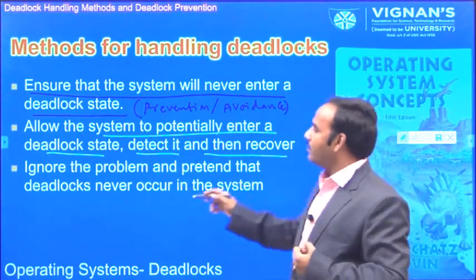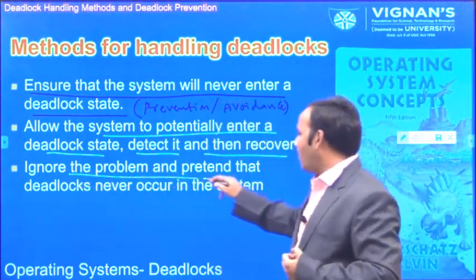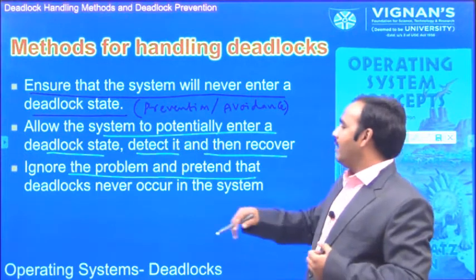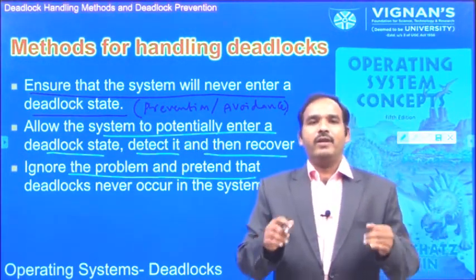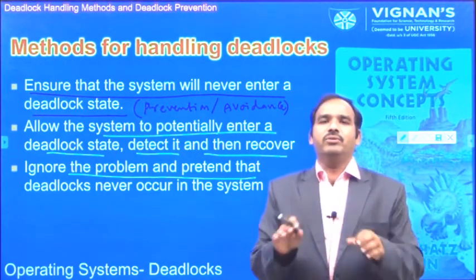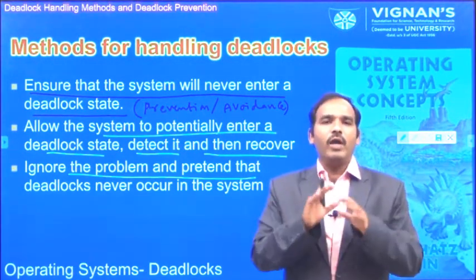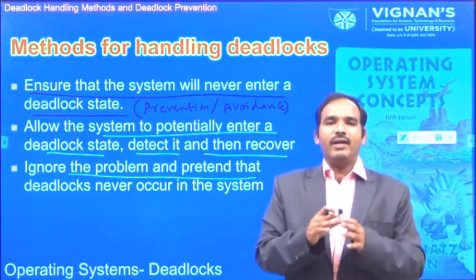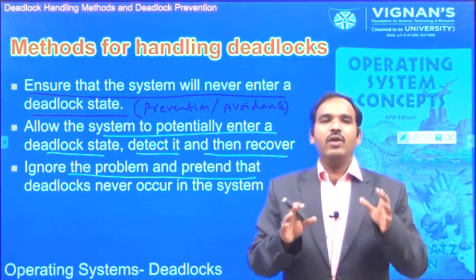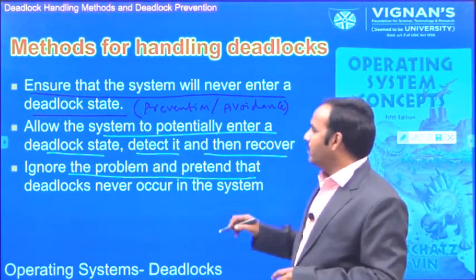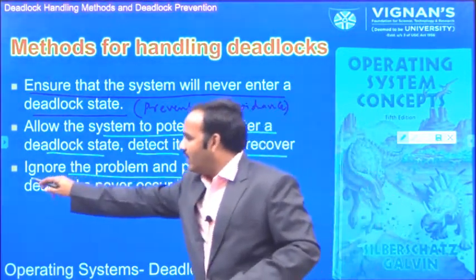The third way is to ignore the problem and pretend that deadlock never occurs in the system. Deadlock is not a big issue in the operating system, because the deadlock will occur once a year, or sometimes once in 5 years. So here what we have to do is ignore the deadlock.